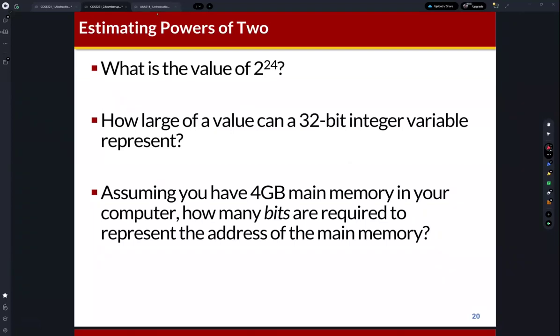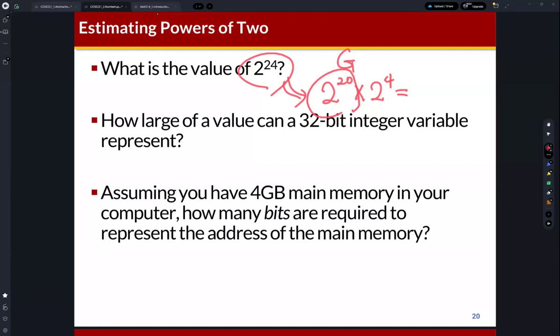Then, estimating powers of 2. What is the value of 2 to the power of 24? In order to represent this large number, it is 2 to the power of 20 multiplied by 2 to the power of 4, which is very basic math. So is this giga?